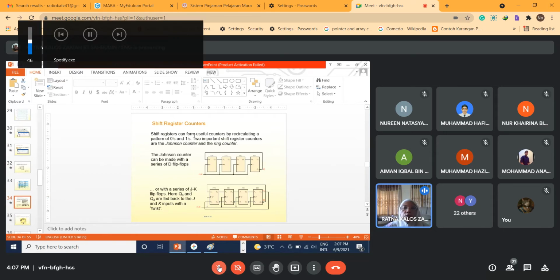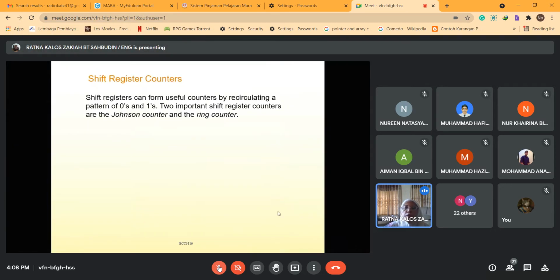Shift registers can form useful counters. Wait, let me make it bigger. Shift registers can form useful counters by recirculating a pattern of zeros and ones. Two important shift register counters are the Johnson counter and the ring counter.